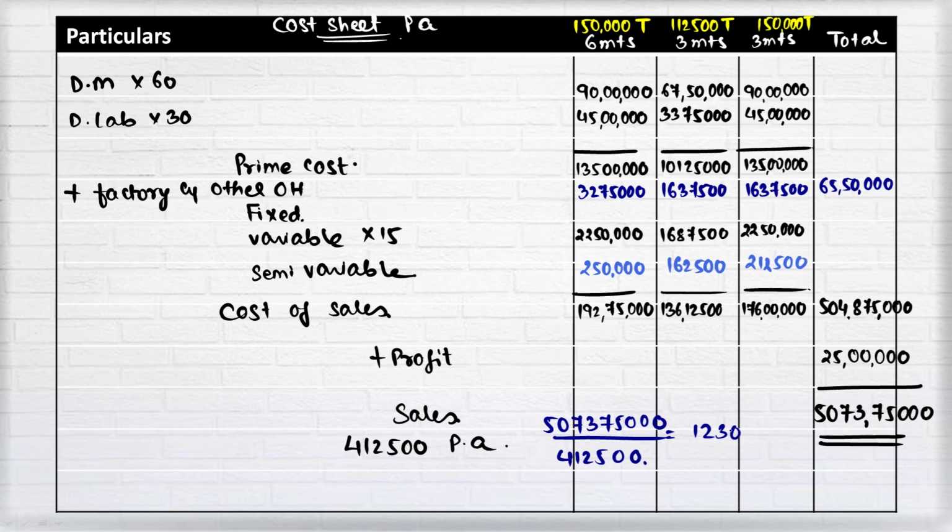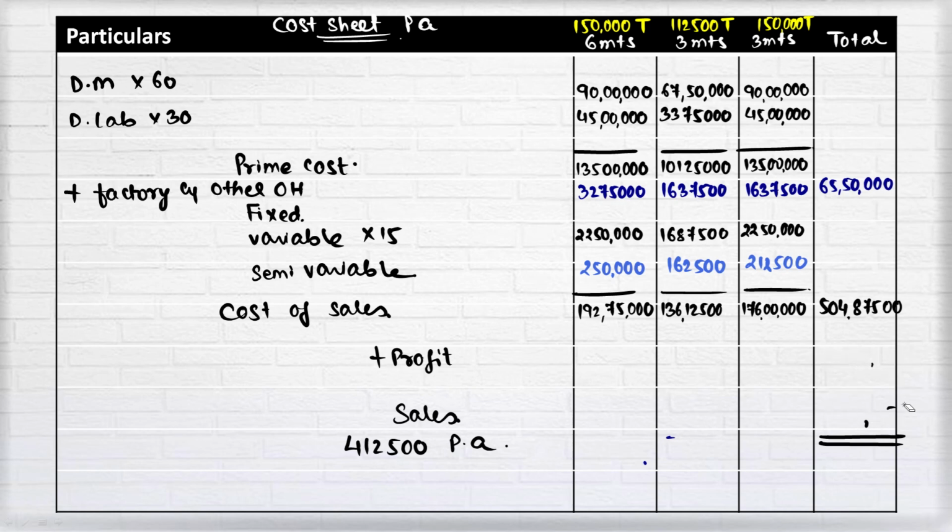I have included one more zero over here. It is 87,500. Plus 20 will give me 529 lakh 87,500.